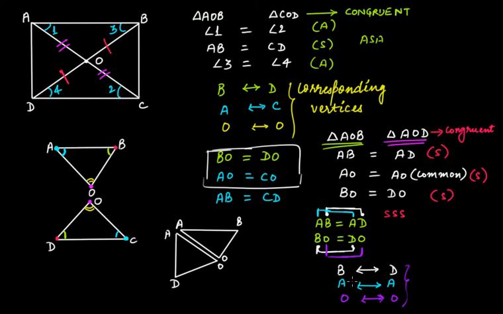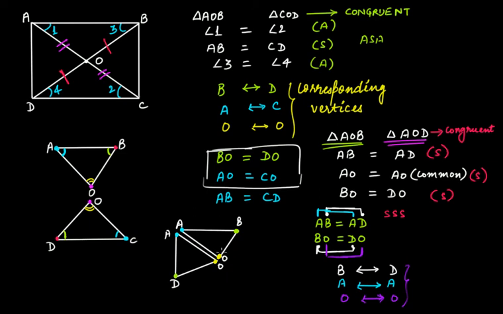And why is it important? It's important because now from here you can see that the B of this triangle will fall on D of this triangle. A of this triangle will fall on A of this triangle, and O of this triangle will fall on O of this triangle, right?